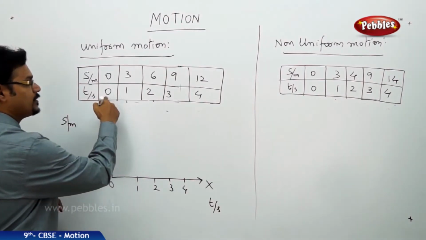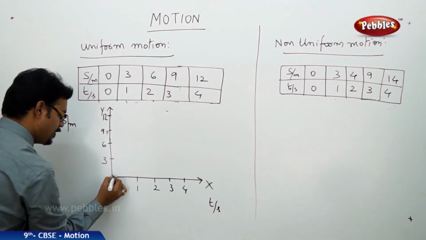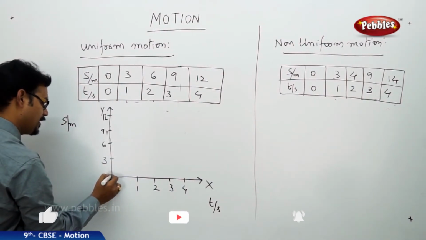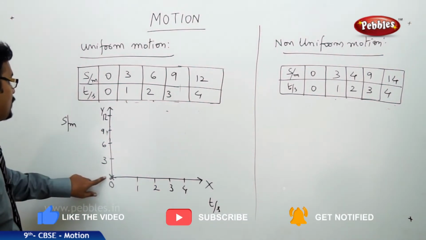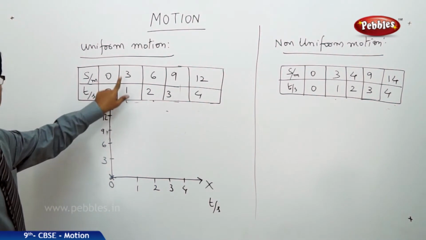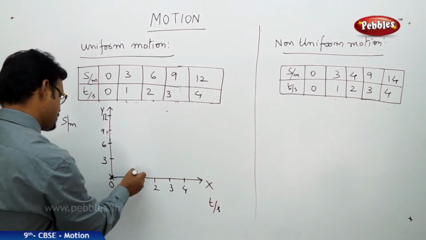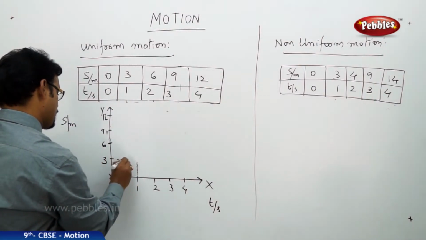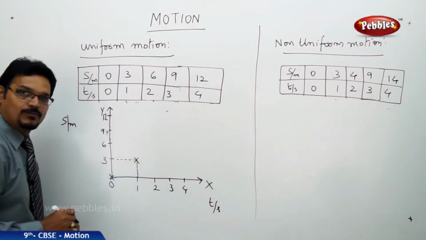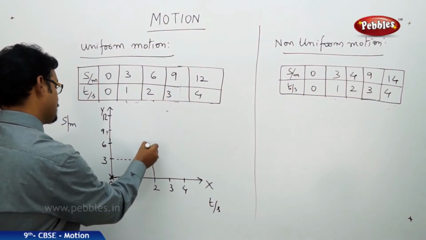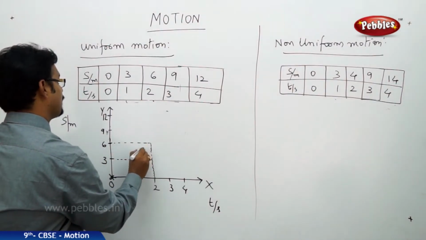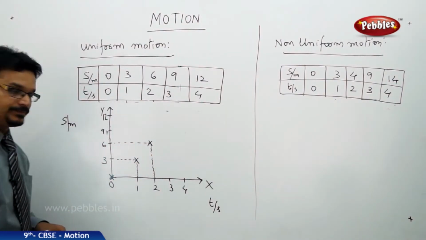Now 0 seconds, 0 distance. So the first point is located here. The cross is the location, 0 seconds, 0 meters. Next is 1 second, 3 meters. See, one more point is plotted. 2 seconds, 6 meters.